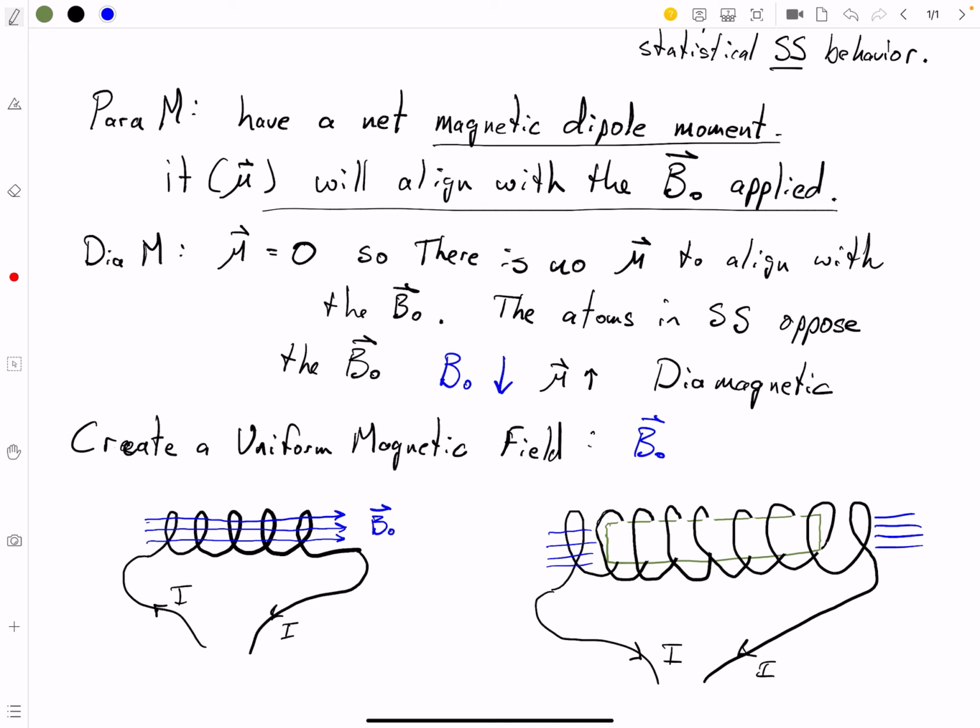Well, the mu can either align with or anti-align with the B field. So it'll either be aligned with or anti-aligned with the B field supplied. Okay, and we'll just draw B naught.